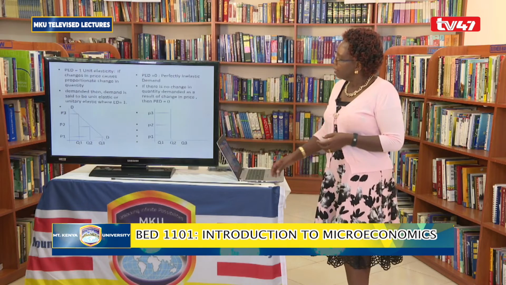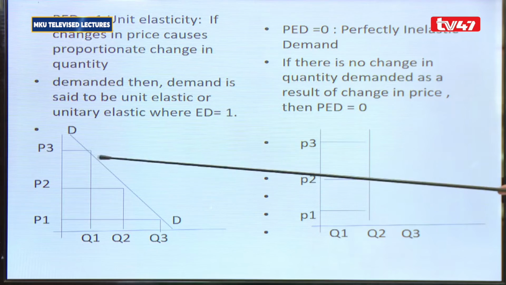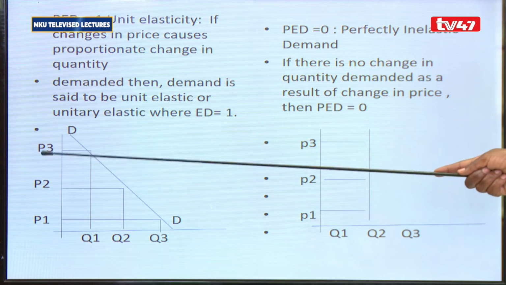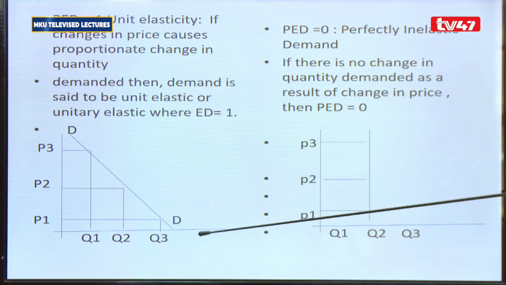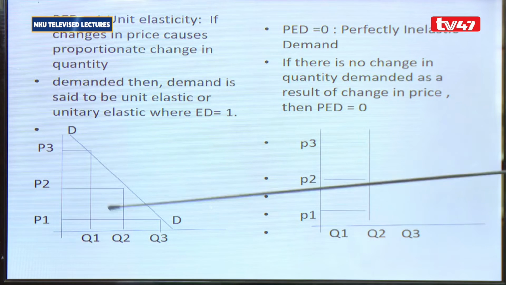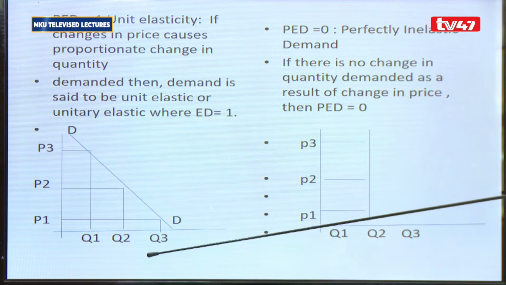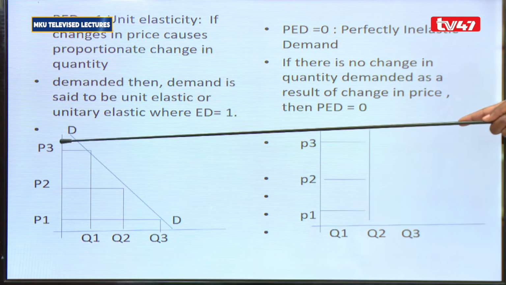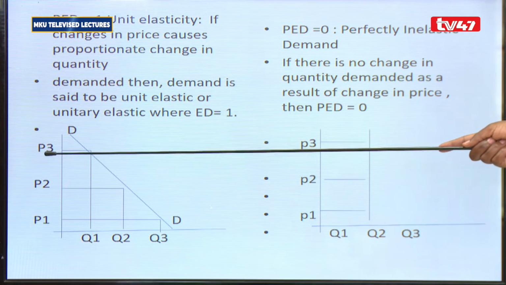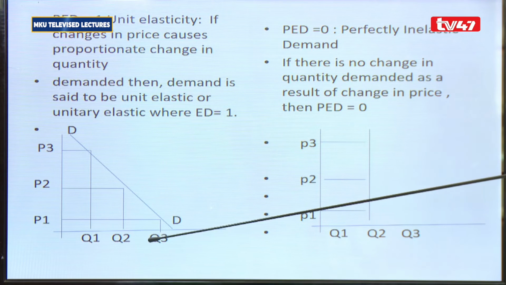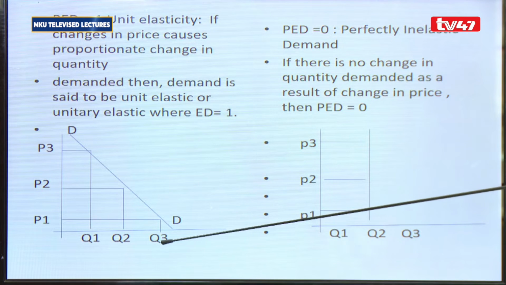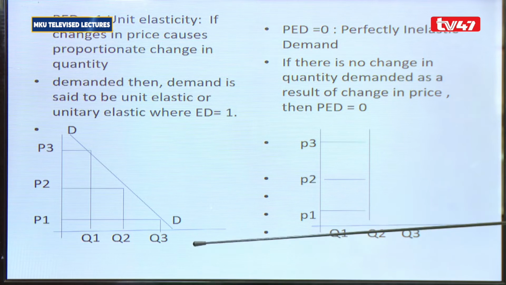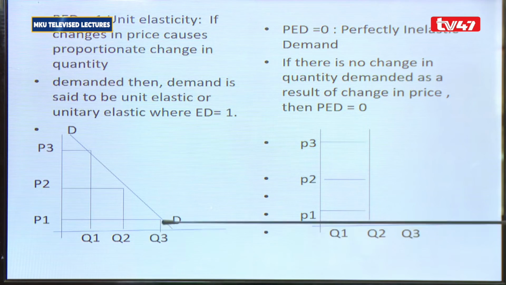Why? Number one, when we measure the degree of responsiveness, here we are talking about the price, here we are talking about the quantity. We measure the two variables using different parameters of measure. For example, we measure the price using shillings, but we measure the quantity demanded using kilograms, or using the weight, the distance, or any other parameter.